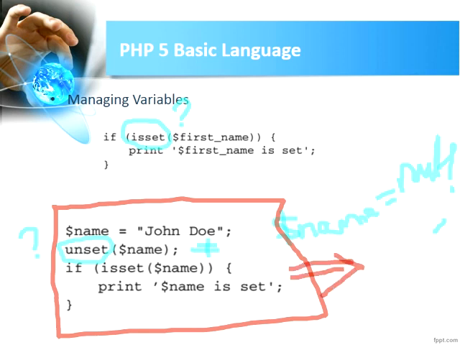When we write unset name, and after that we test if this variable is set or not null, we will find an error message as output. The error message will be undefined variable.